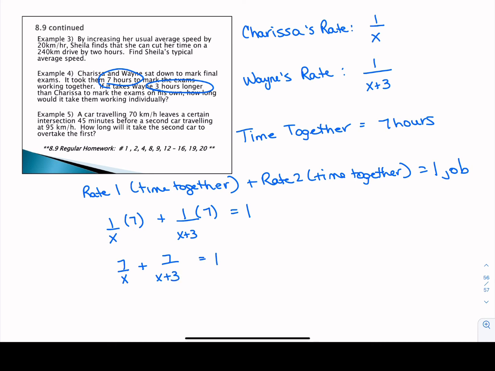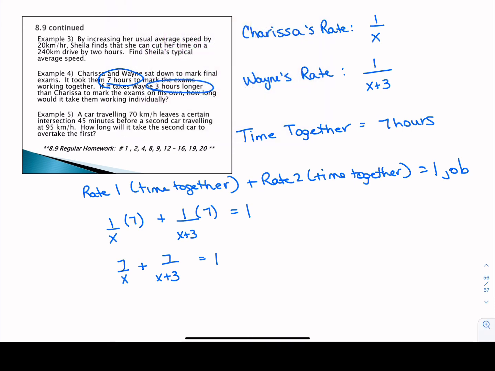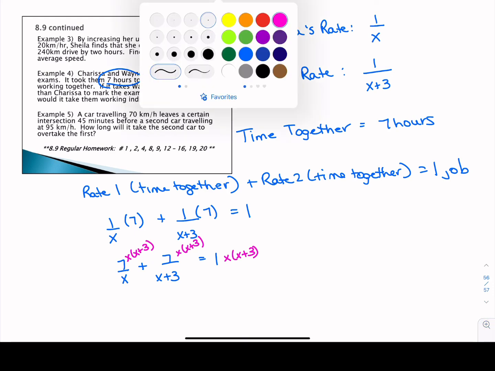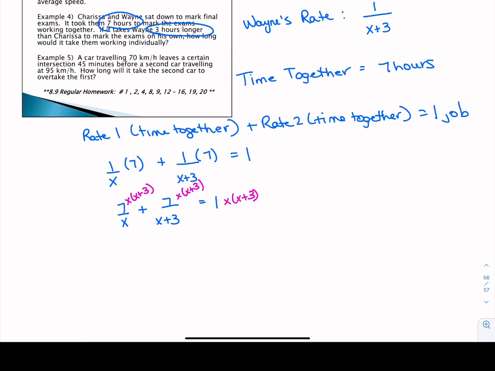So once again, we want to clear the fractions and find the lowest common denominator. In this case, we see the LCD is x times x plus 3. So we need to multiply every single term by that LCD, x times x plus 3, in every single position, including that far right side and that lonely little 1. So don't forget about the 1 on the right. In our first term, we see that the x's cancel, leaving you with 7 times x plus 3.